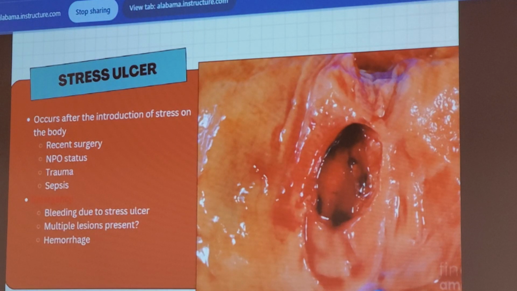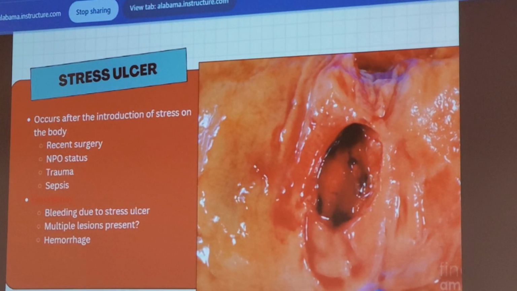So when you go to the hospital, look at how many patients are on some type of treatment for GERD. It may not necessarily be for GERD. Maybe it's to reduce or prevent the risk for stress ulcer. A lot of people will get diagnosed with GERD or acid reflux, but again, we're treating for risk of stress ulcers.